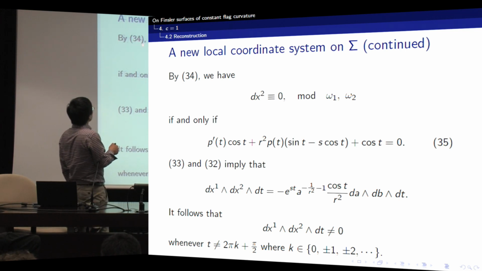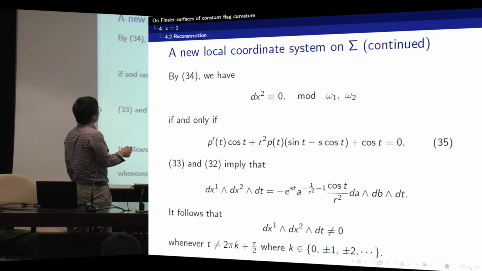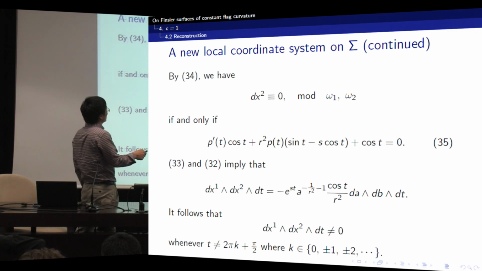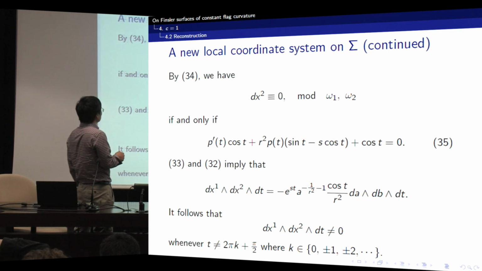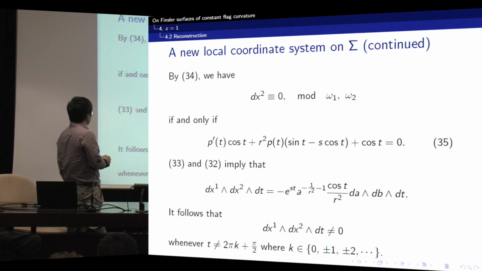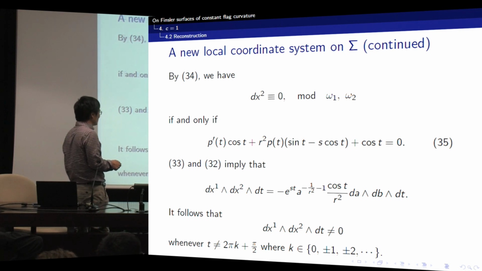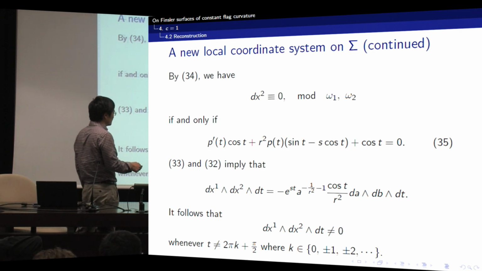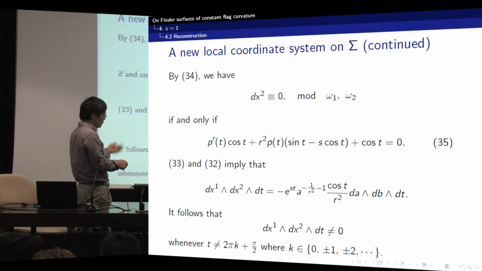From 34, we have d(x2) equal to 0 mod omega 1, omega 2 if and only if P satisfies this ordinary differential equation. 33 and 32 imply that dx1 wedge dx2 wedge dt equals this one, because A, B, t are independent. So if t is not equal to 2 pi k plus pi over 2, then this one is not equal to 0. So x1, x2, and t is a coordinate.